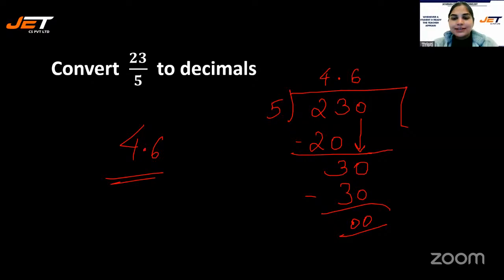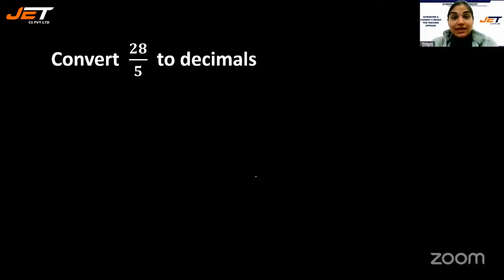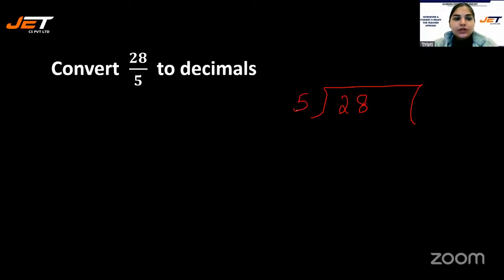All right. Now let's move on to the next question. 28 by 5. Convert 28 by 5 to decimals.